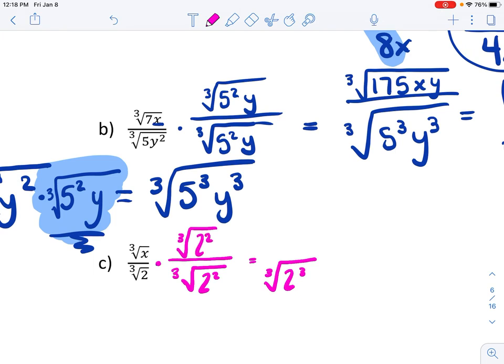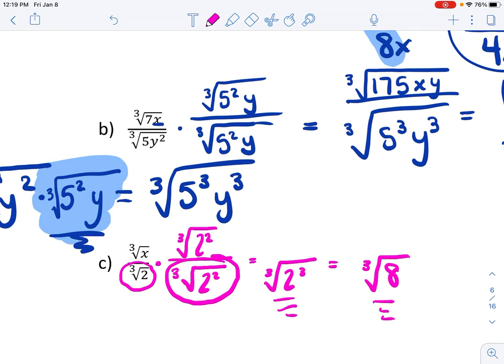I end up getting, so the cubed root of 2 times the cubed root of 2 squared is equal to the cubed root of 8, as we have here. These are all equivalent.